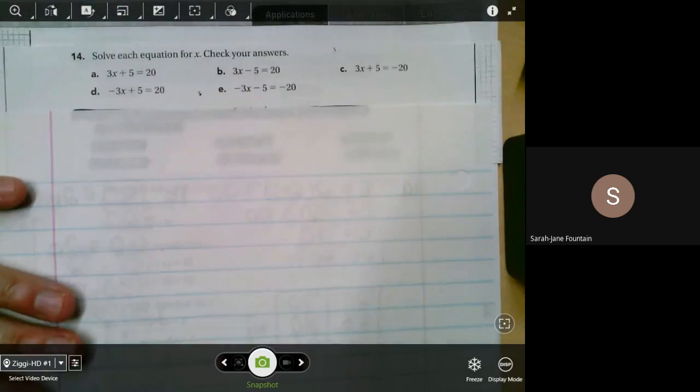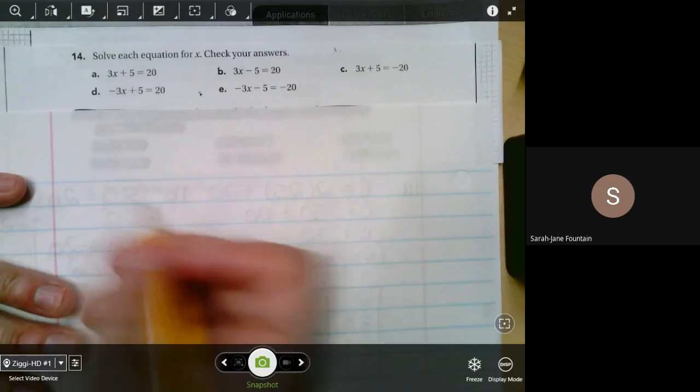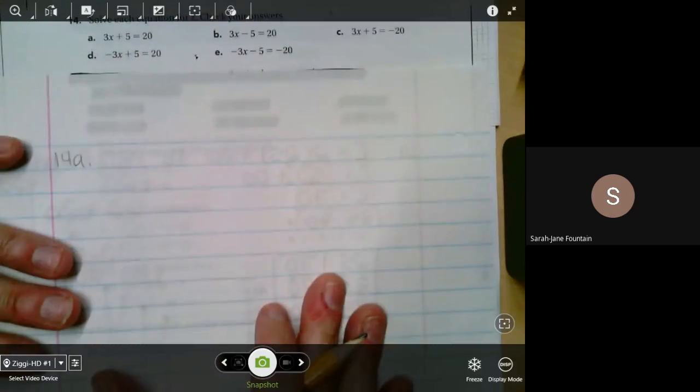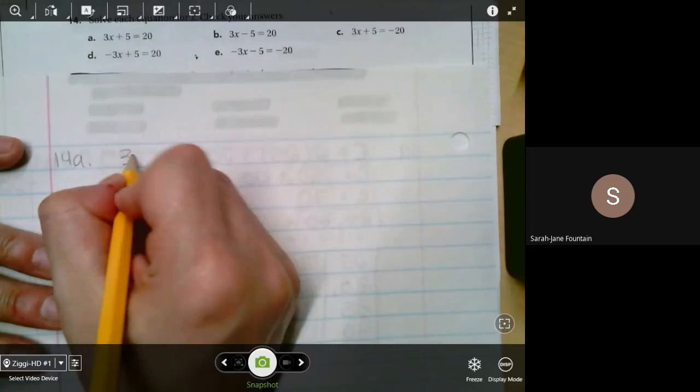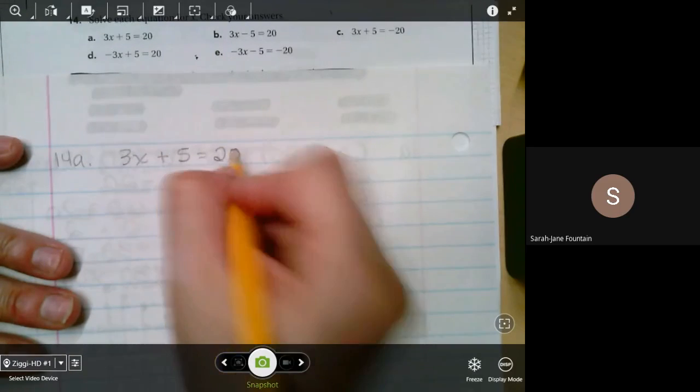Moving on to number 14. Number 14 says, solve each equation for x, then check your answers. Well, I have 14a here. That is 3x plus 5 equaling 20.